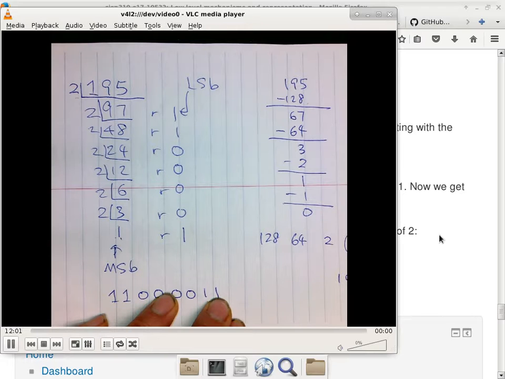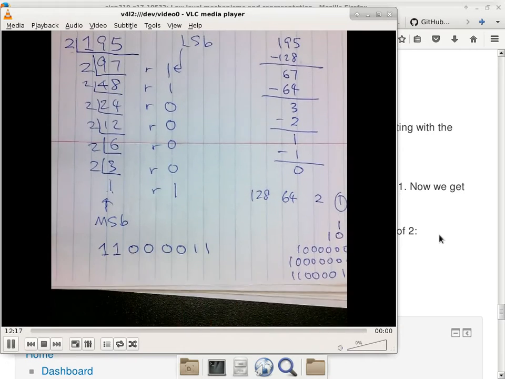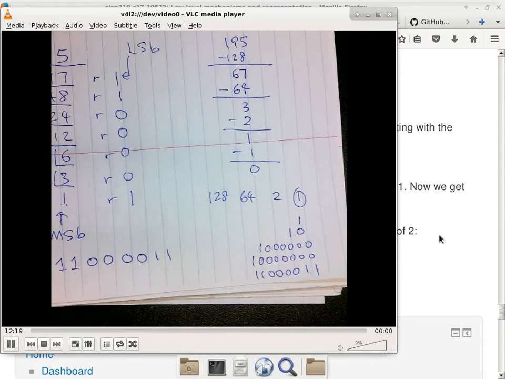Then you have 1 followed by 6 zeros. 1, 2, 3, 4, 5, 6. And then 128 is 1 followed by 7 zeros. Then you add up all these, then you end up with 1, 1, 0, 0, 0, 0, 1, 1. There you go. So you end up with exactly the same representation.